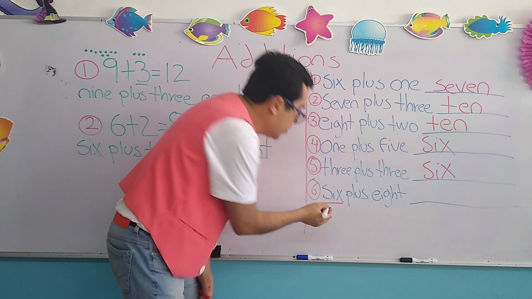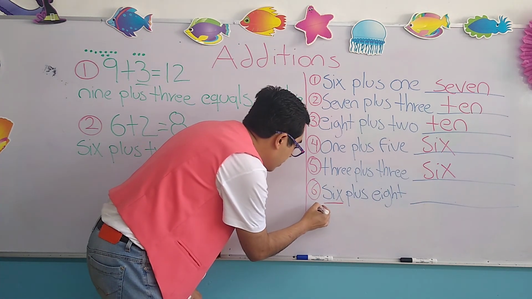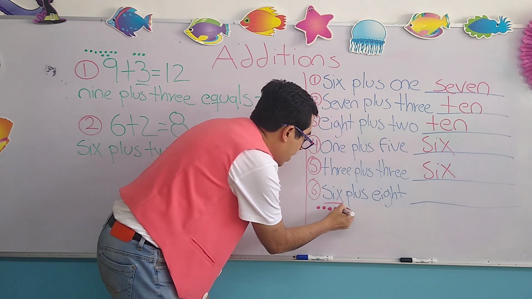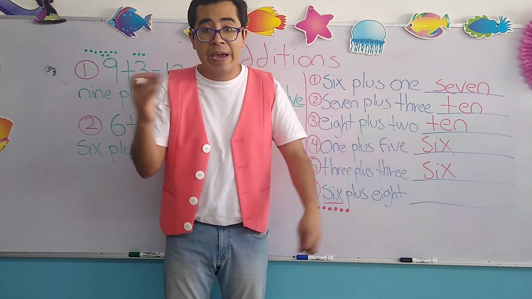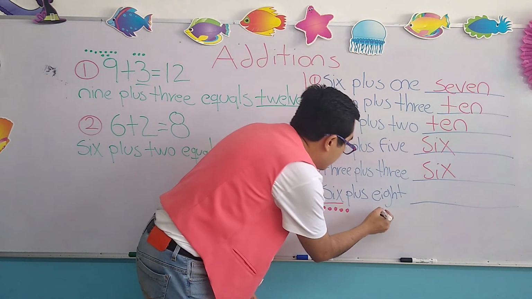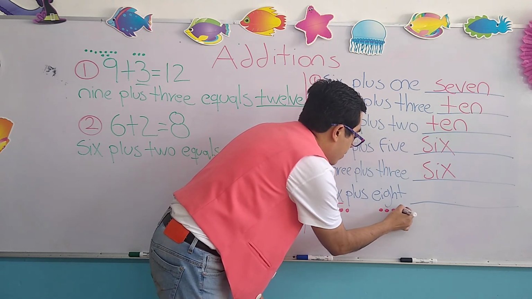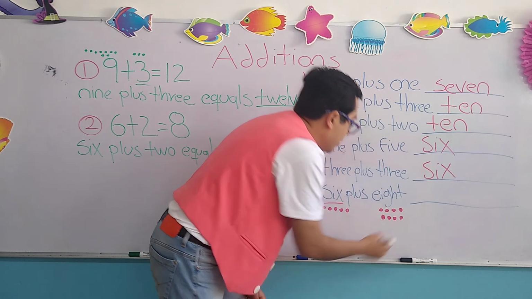So, the first it says 6. That means 6 little dots. 1, 2, 3, 4, 5, and 6. Plus 8. Now 8 little dots. 1, 2, 3, 4, 5, 6, 7, and 8.